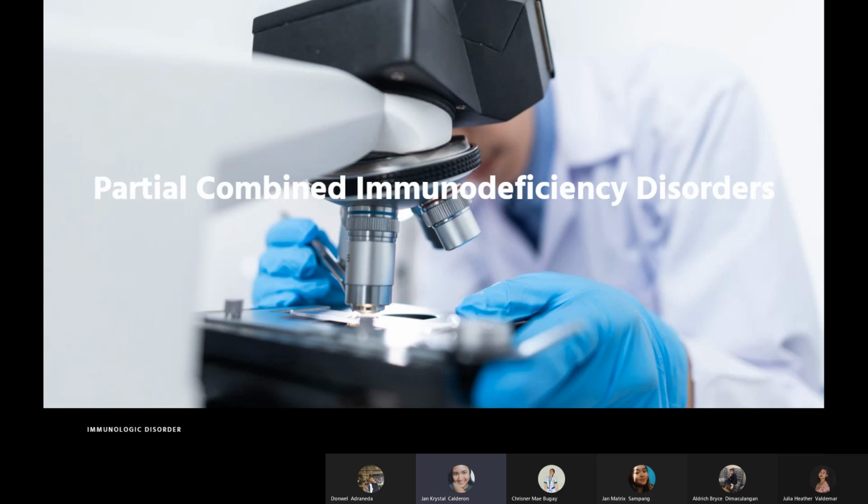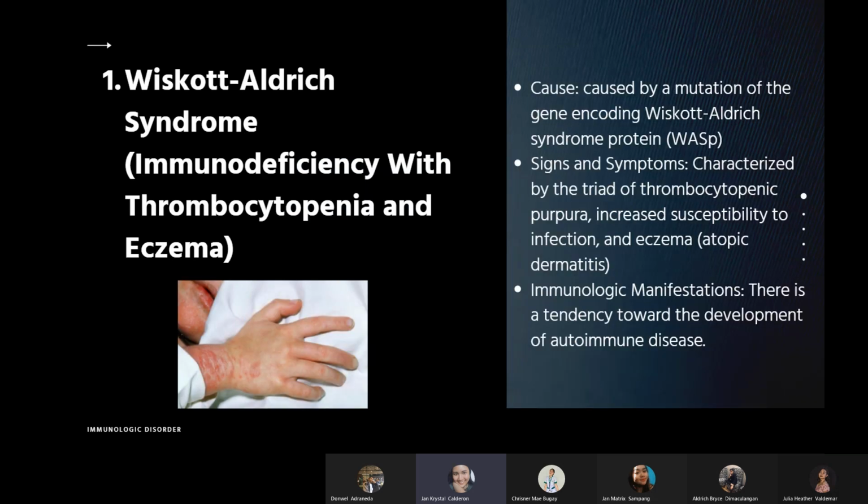For partial combined immunodeficiency disorders, first we have Wiskott-Aldrich syndrome or the immunodeficiency with thrombocytopenia and eczema. It's caused by a mutation of the gene encoding Wiskott-Aldrich syndrome protein or the WASP, which is essential for actin polymerization in blood cells.